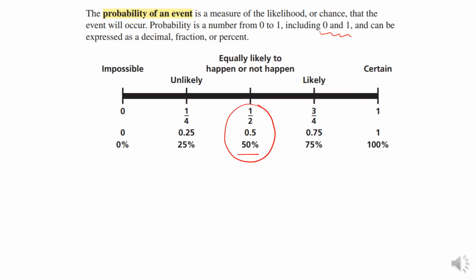But if it gets to 75%, or 3/4, 3 out of 4, then it's very likely. And if it's 100% going to happen, certain, then that would be there. 0% or 0 would be impossible, and 1/4, 0.25 or 25% is highly unlikely.